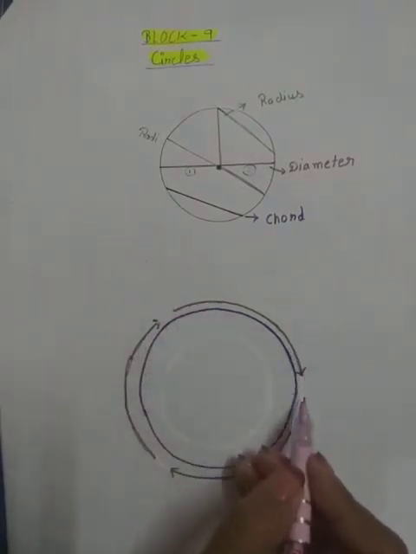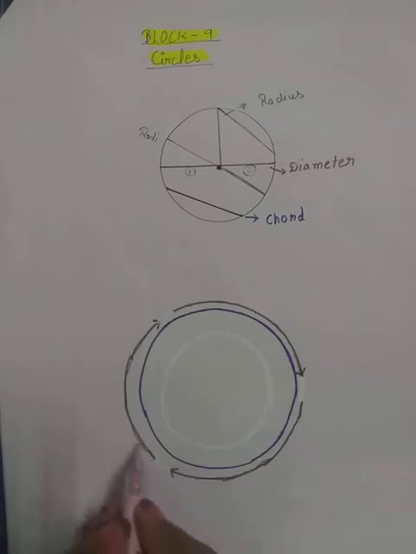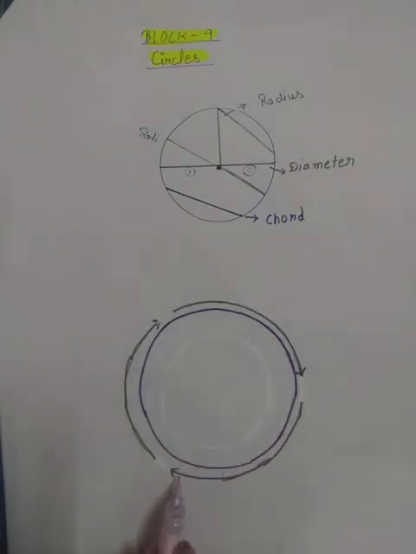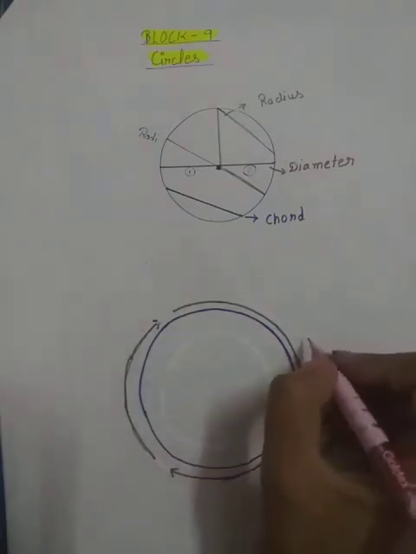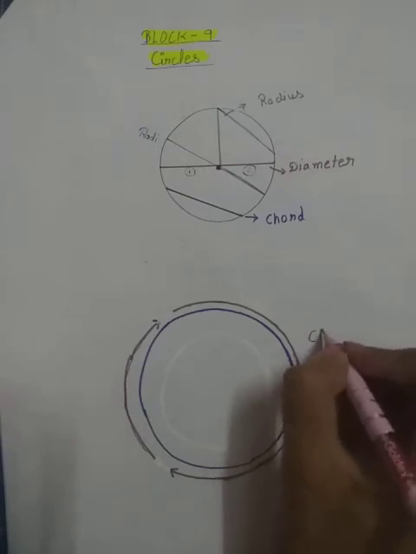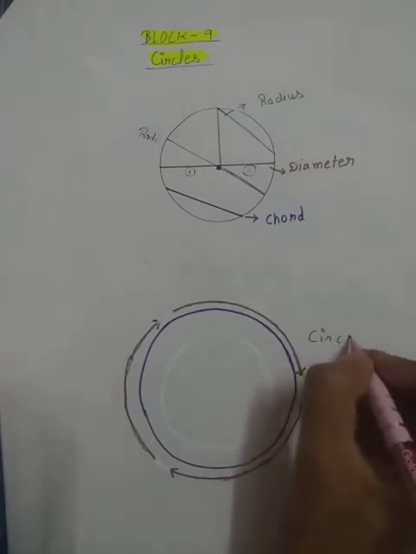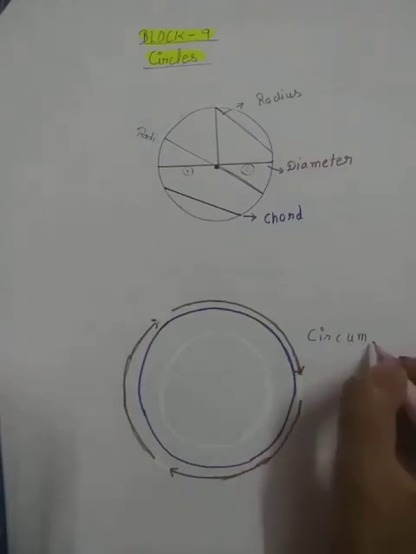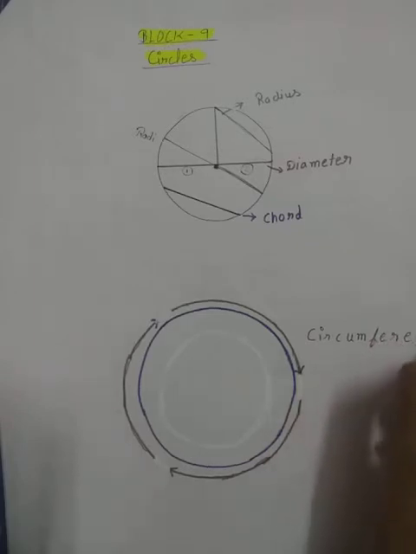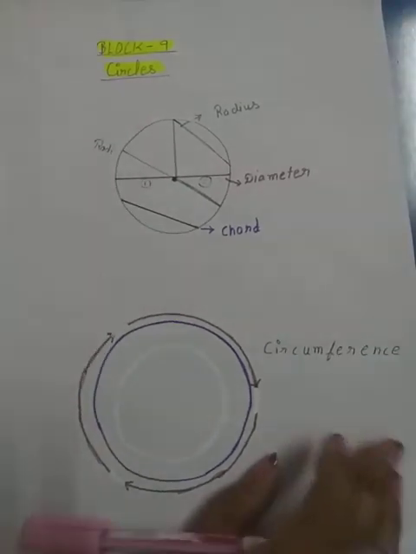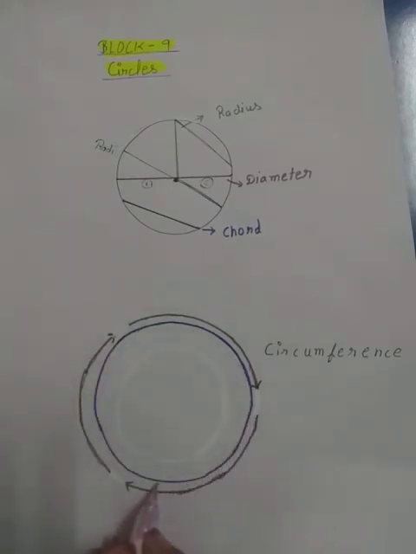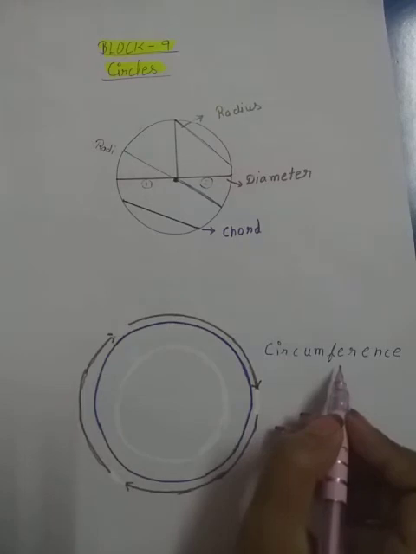The outer part of our circle, the outer part or distance around our circle, is called the circumference.